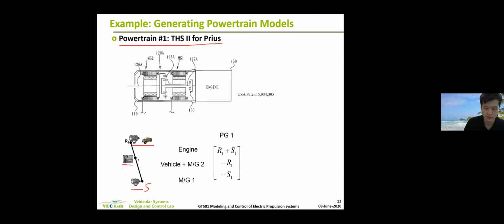Engine is connected to the carrier. So we have 1 PG, 1 column. Engine row, you put down R1 plus S1. For vehicle and MG2, you put down minus R1. For MG1, which is generator, you put down negative S1.